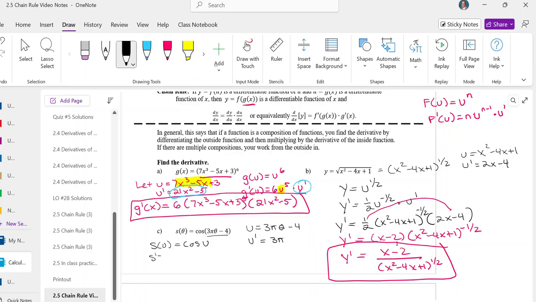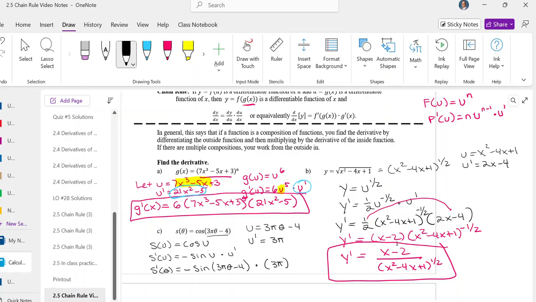So s prime of u would equal negative sine u times u prime. Well, s prime of theta, when I substitute in, is negative sine of 3 pi theta minus 4 times 3 pi.